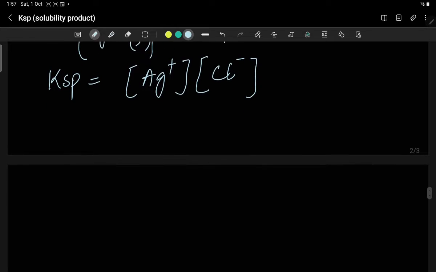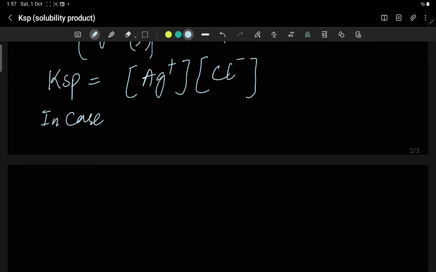In case of saturated solution, the concentration of the solid in contact is constant. That's why this expression is written.